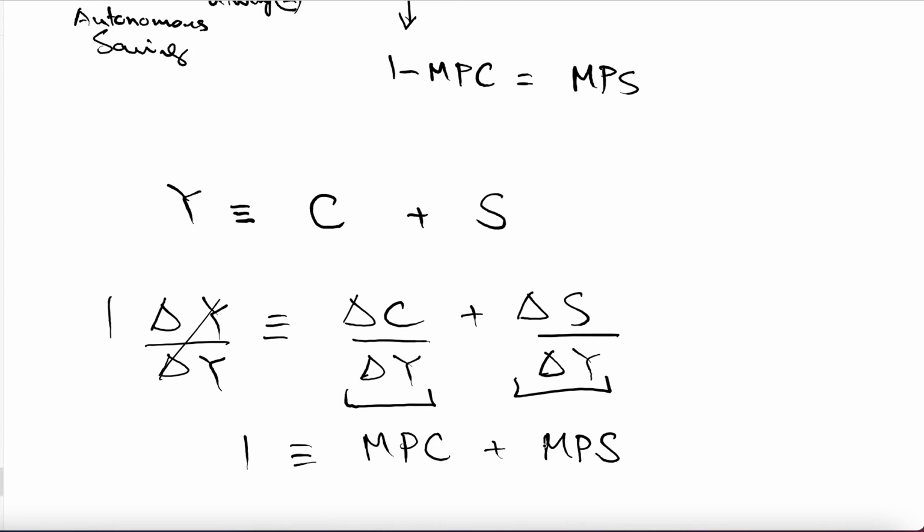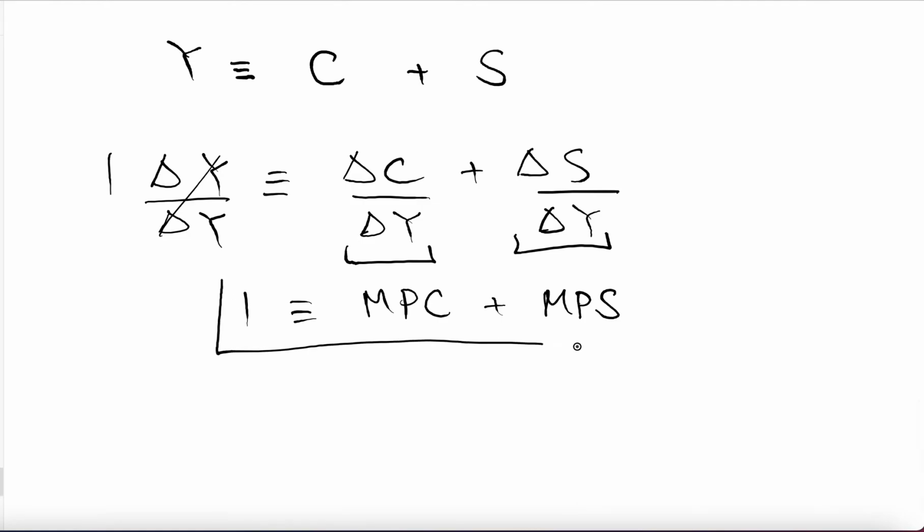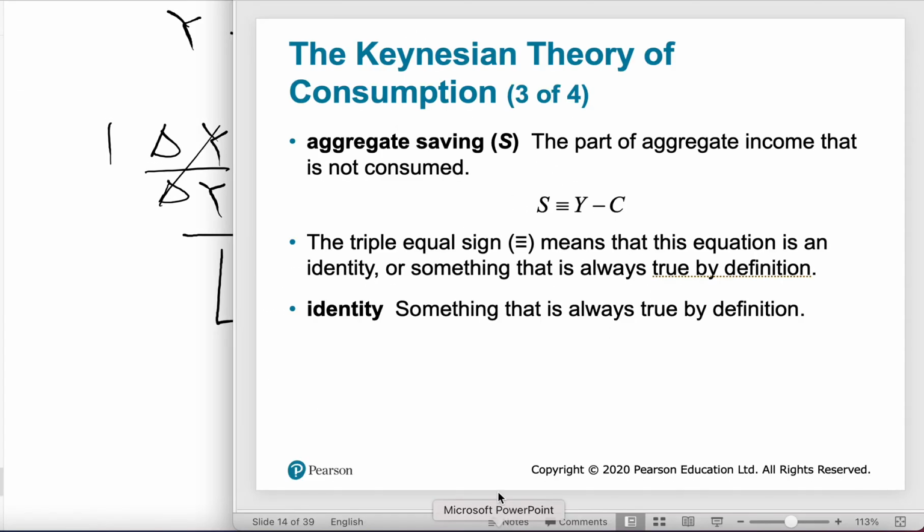There are some models in which this may not be equal to 1, but those are complicated models in intermediate macroeconomics. In the basic Keynesian model, it's assumed that the sum of the marginal propensity to consume and the marginal propensity to save adds up to 1. So the saving function, we can determine the identity, as I said, with the triple line. Let me, in brackets, explain the difference between an identity and an equation.